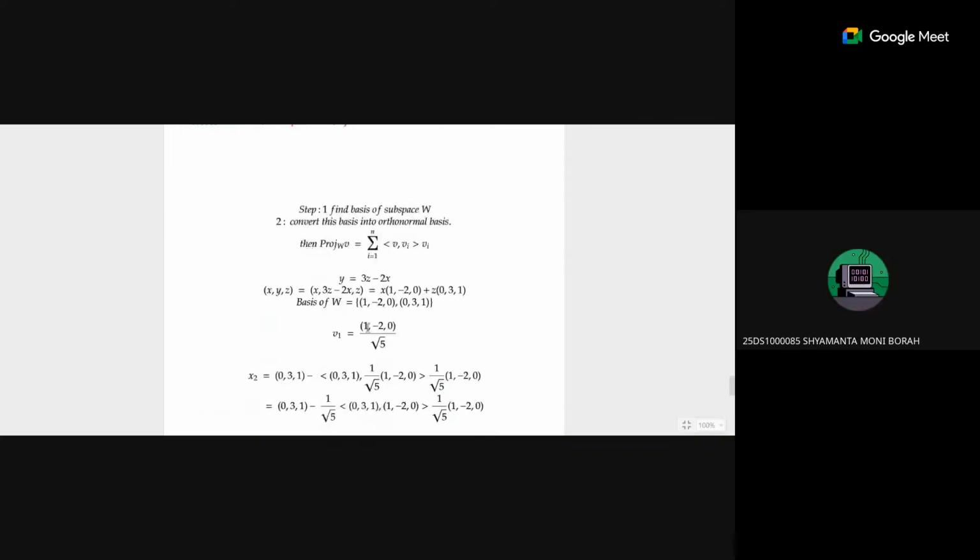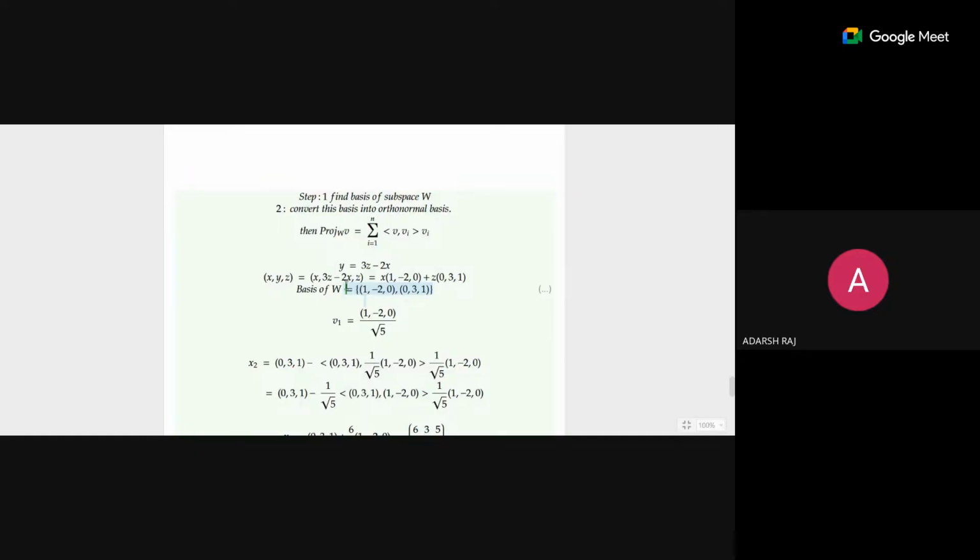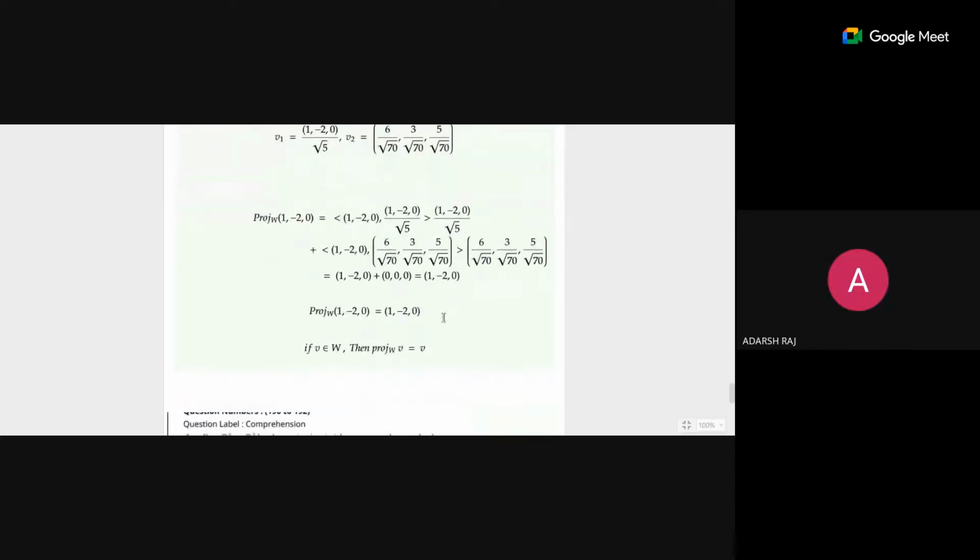Suppose we find the basis here. Just use this basis, 1, minus 2, 0. We can also use the other one, but this will be simpler, otherwise it will be complicated. So u dot v1 is 0 and u dot v2 is 0.